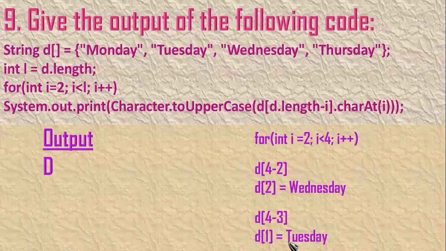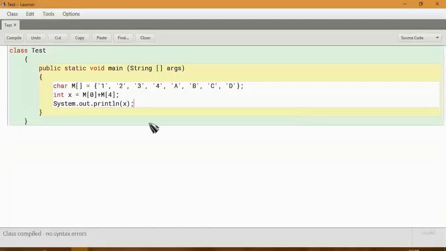At 3, 0, 1, 2, 3, S is available. So uppercase of this will be printed, that is S. Now i will become 4, but it is false here. So it will print only two outputs, D and S, nearby. That's all. So let us copy this code. I will delete this.